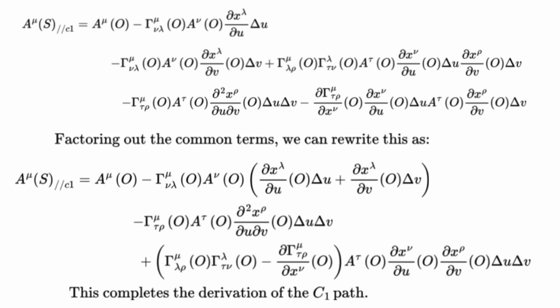This is the equation for parallel transporting the vector a^μ along the C1 path. Next, we will derive the corresponding equation for the C2 path in the same way, and then take the difference between the two.